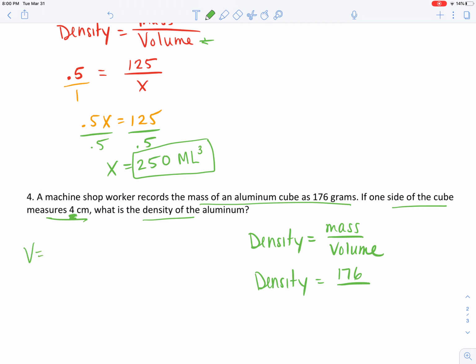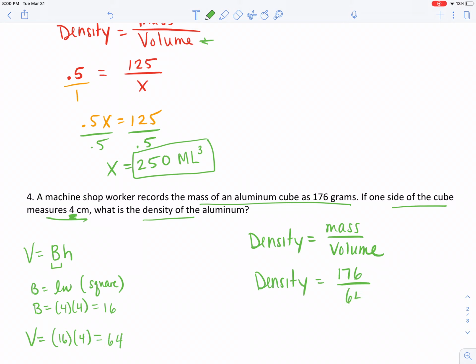So volume equals, usually we do big B times H. If it's a rectangular prism or a cube, it's okay to replace that big B with length times width because we know that the big B is length times width whenever you're talking about a square or a rectangle. So in this case, I'm just being consistent and sticking with the same formula. 4 times 4 is 16. So the volume is 16 times the height of the cube, which is the same as the other two dimensions, and I get 64.